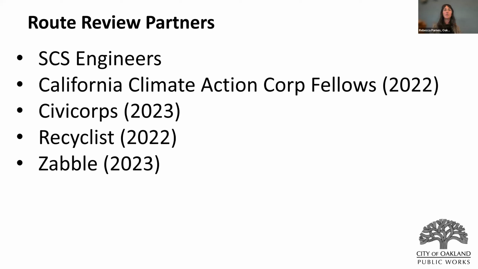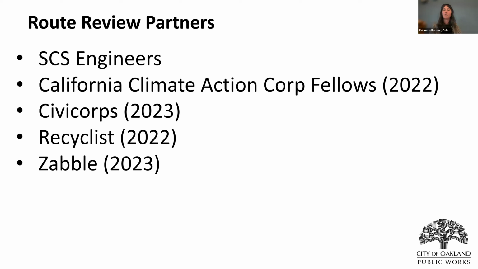Similar to other cities, we did use a digital platform to track what we were finding in the field. In 2022, we were using Recyclist for all of our 1383 record keeping, and we used them for our field audits as well. And then in 2023, we're no longer using Recyclist, so we needed an alternative platform to track route review activity.